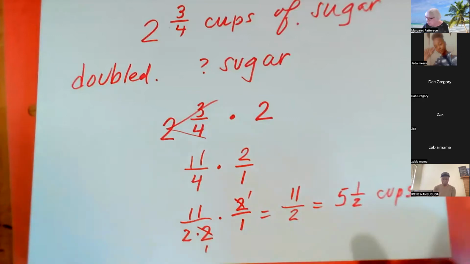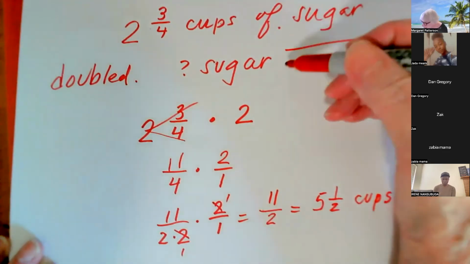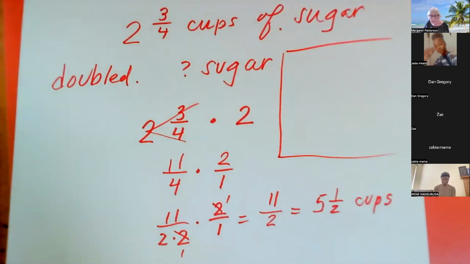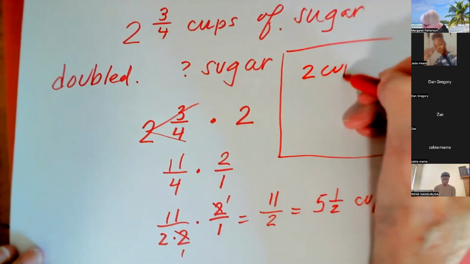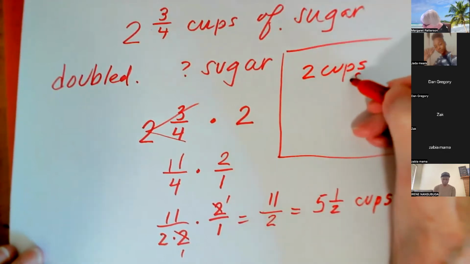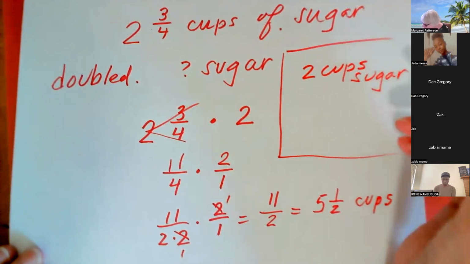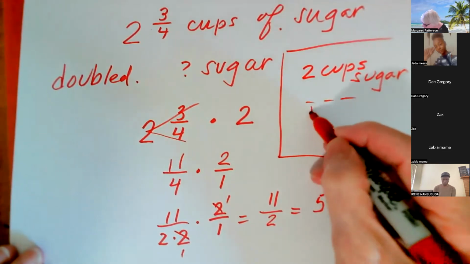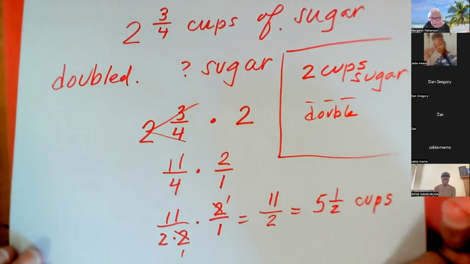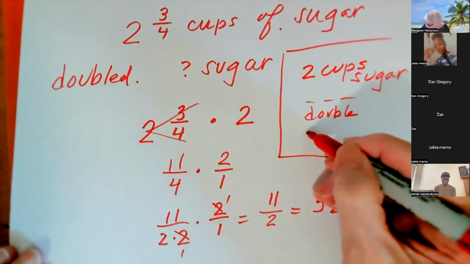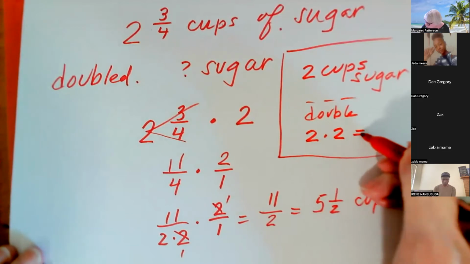And I turn the problem into something that's real simple. So for instance, what if the recipe called for 2 cups of sugar and we want to double it? So double it is 2 times 2, which would be 4.